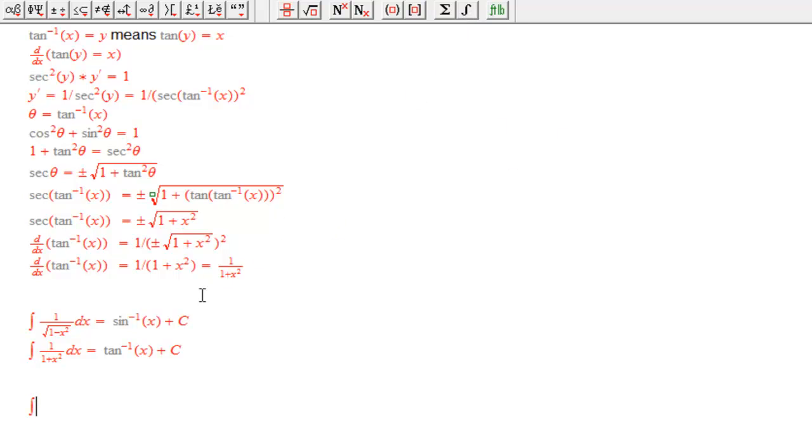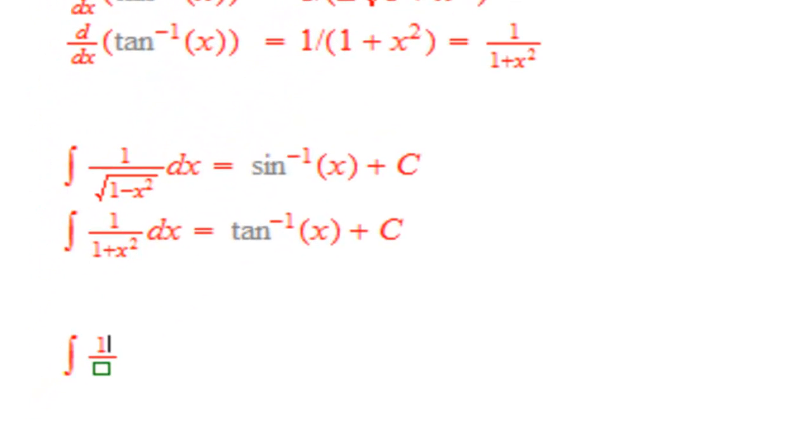I'm going to use fractions. I hope you'll be able to see that, and when I'm editing this video, I will zoom in on what's going on here. The integral of 1 over 1 plus 2x squared dx.